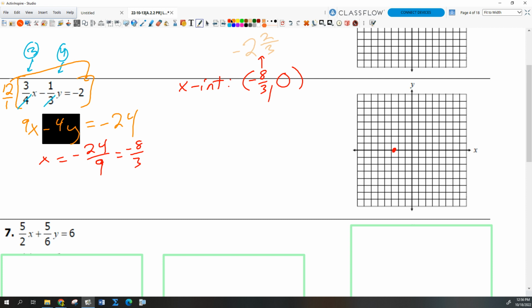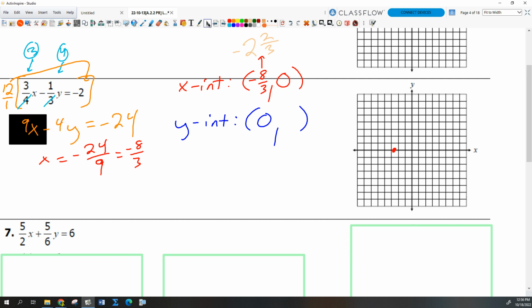To find the y-intercept, what am I setting equal to 0, everybody? X, okay, good. So we're going to cover up the x term, and that just gives me 4y equals negative 24. Negative 6, there you go, good. I'm only covering up the first term, okay?